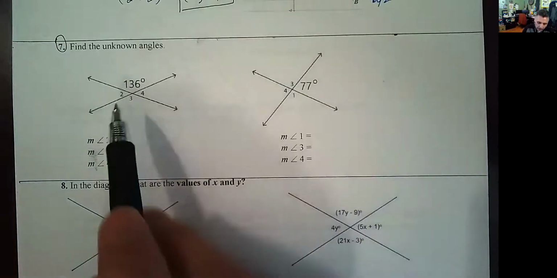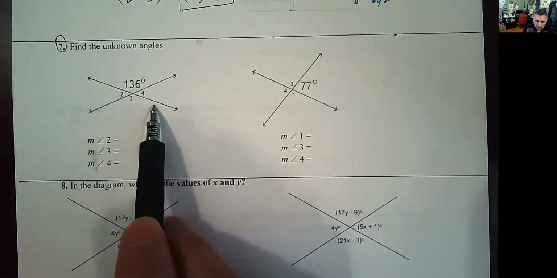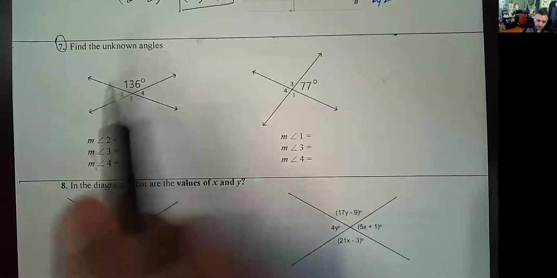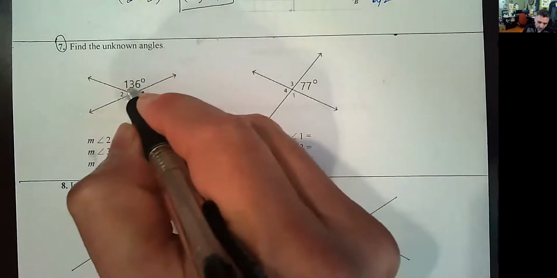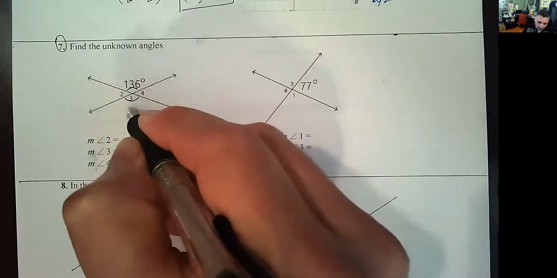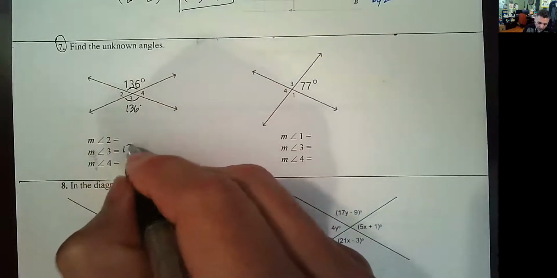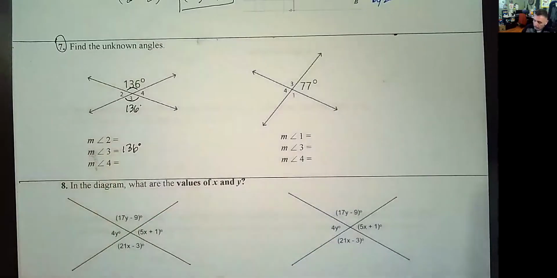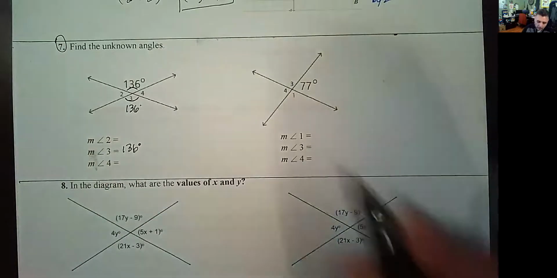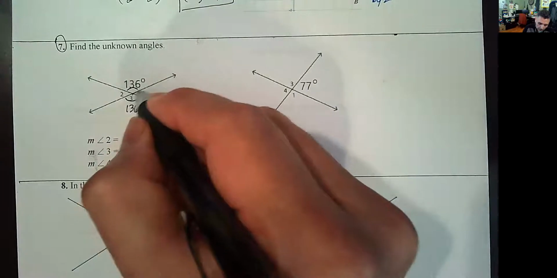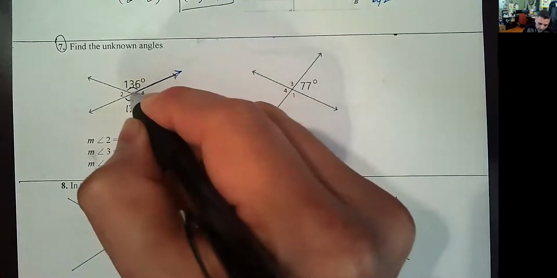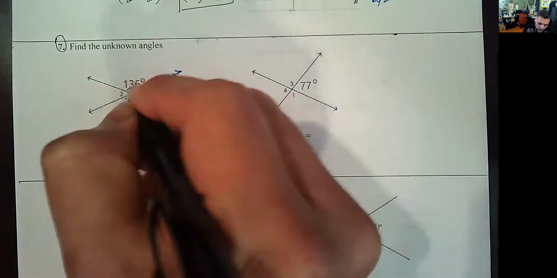So in 7, we have 4 angles. One of the angles is given to us. I know this angle and this angle are congruent. Why are they congruent? Because they are vertical angles. And then to find another angle, I'm going to focus on these two angles.